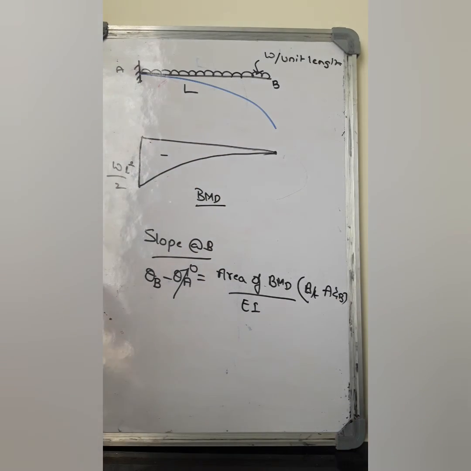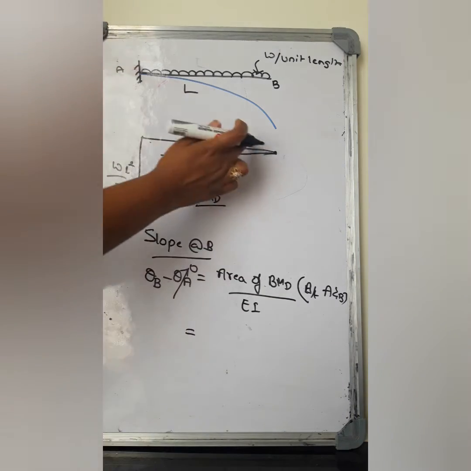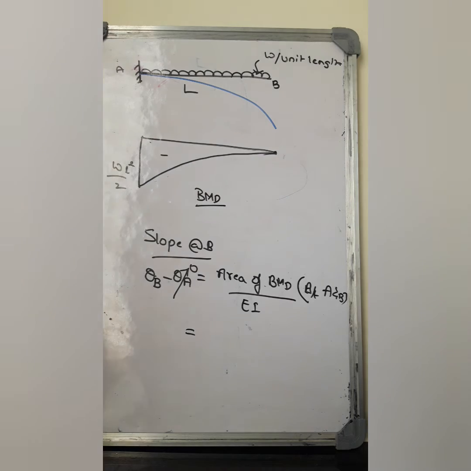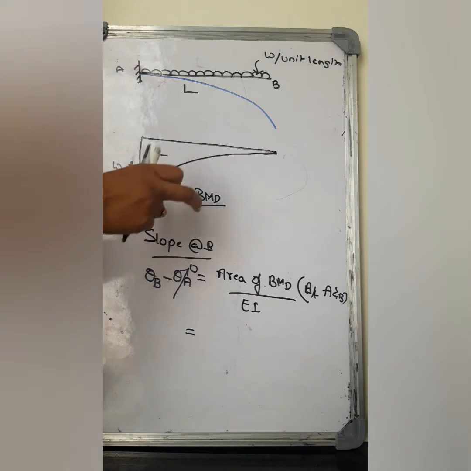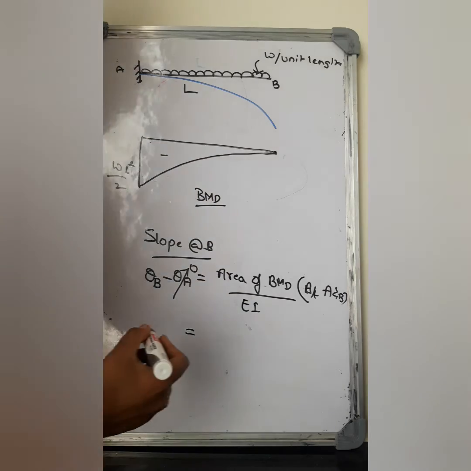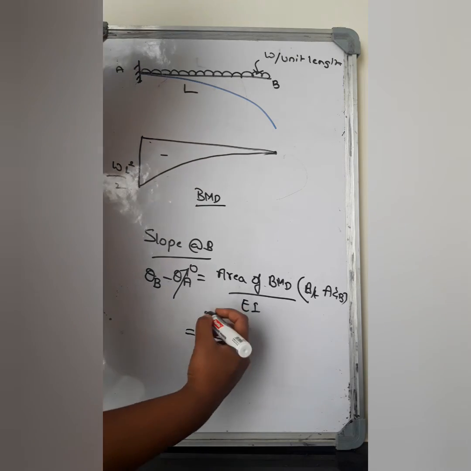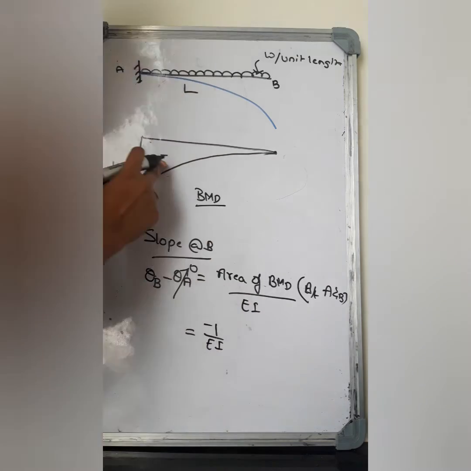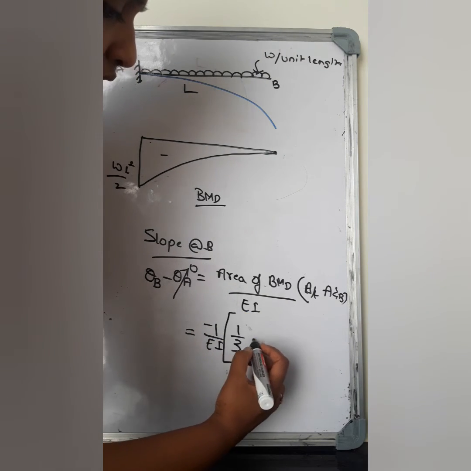Now you can calculate the area here. The area of this type of curve is 1/3 of base into height. I will take 1 by EI outside, and you can see this is negative and it is 1/3.